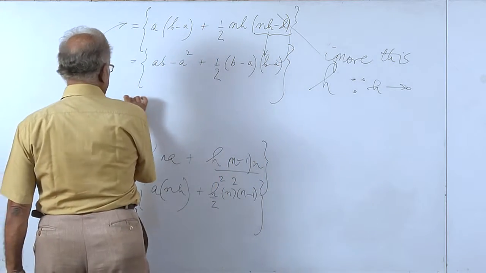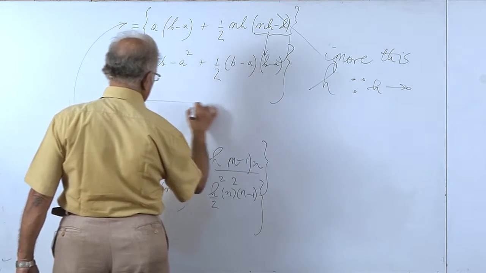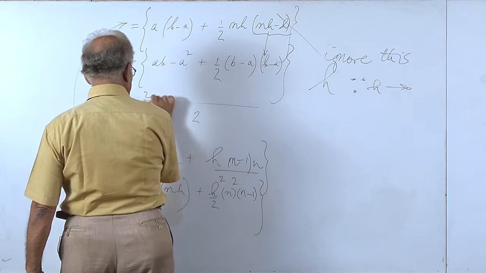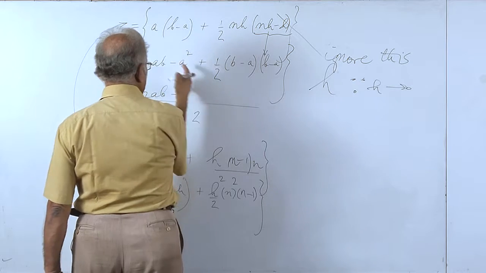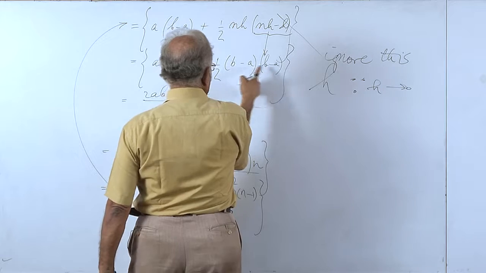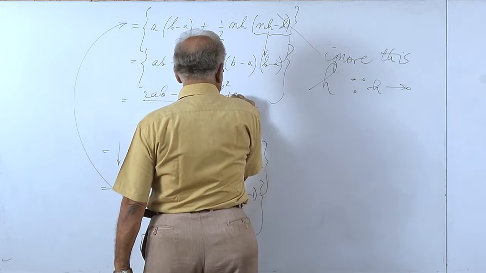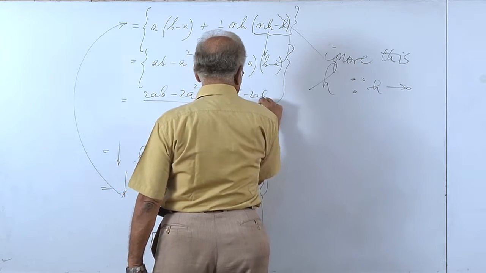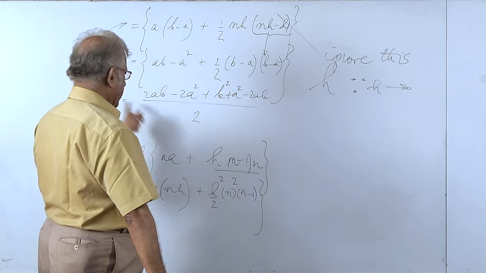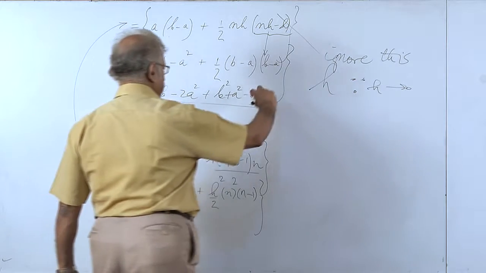So really what we have is, we have to take an LCM of 2. 2ab minus 2a square plus b minus a whole square, that is b square plus a square minus 2ab. And this neatly breaks down to, let's see, this 2ab annihilates this 2ab.